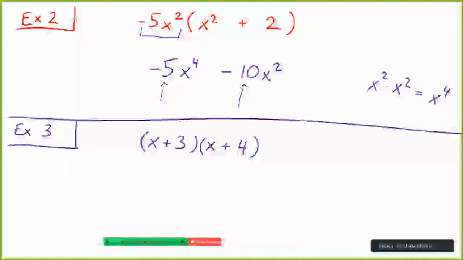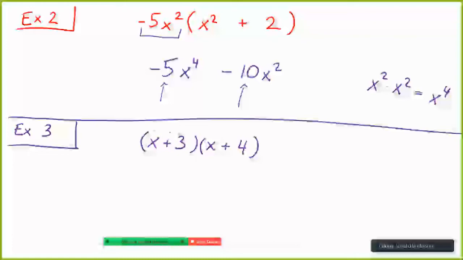Now, this might look intimidating. Pretend for a second that it was just, and watch my screen if you're not already, what I'm going to do is cover up part of the problem, deal with half of the problem, and then we'll uncover it and do the second half of the problem.